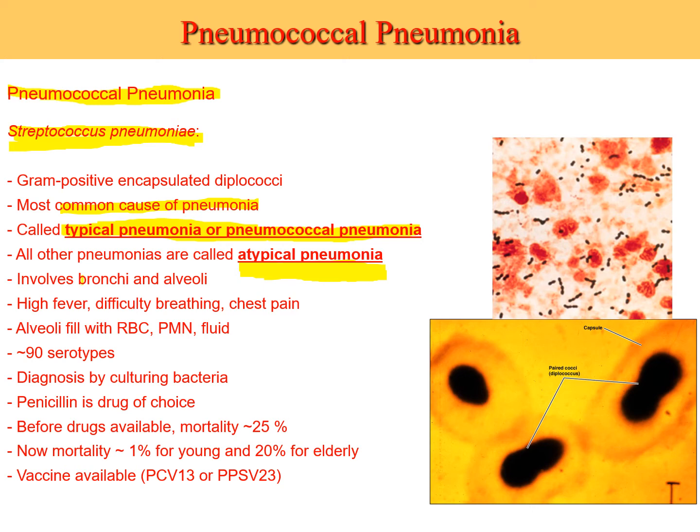It involves the bronchi and the alveoli with a high fever, difficulty breathing, and chest pain. The alveoli, in fact, fill up with fluid. You get edema, edematous fluid building up in the lungs, but also an infiltrate of polymorphonuclear cells, mostly neutrophils, and also some red cells.